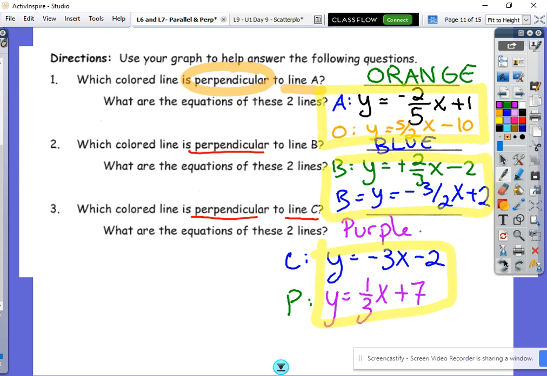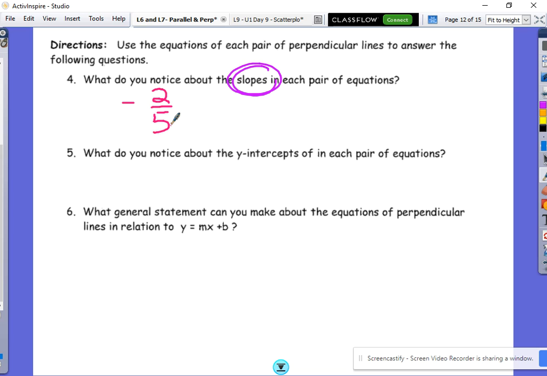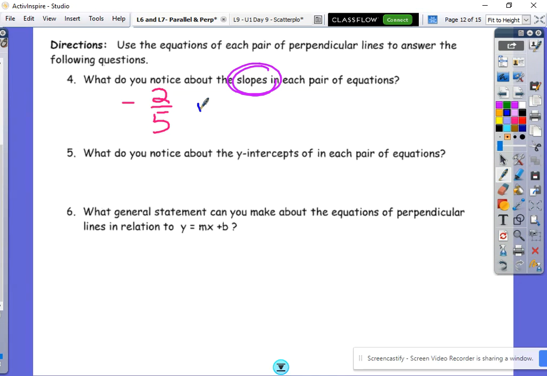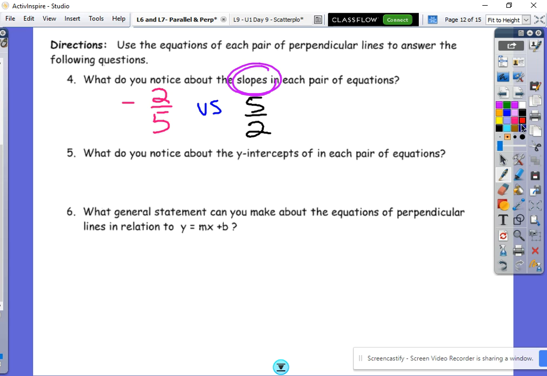So let's just take the first one here as an example. The first one was negative 2/5 versus, if we compare that to the other one, its pair was positive 5/2. So what I'm hoping you're noticing here is that not only are they very different, there's a pattern. The pattern is that one of them is negative and the other one is positive.